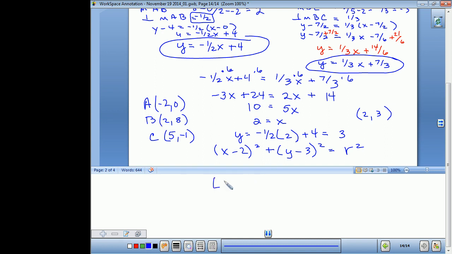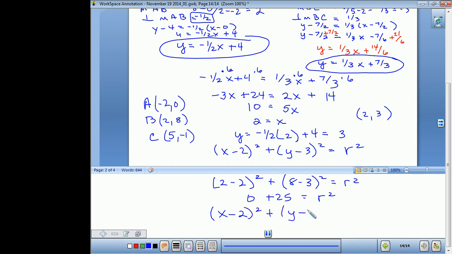Let's choose B. So 2 minus 2 squared plus 8 minus 3 squared is equal to r squared. So 0 plus 25 is r squared. So my equation is x minus 2 squared plus y minus 3 squared equals 25. So I know my center is the point 2, 3. We already discovered that. And my radius is a length of 5.